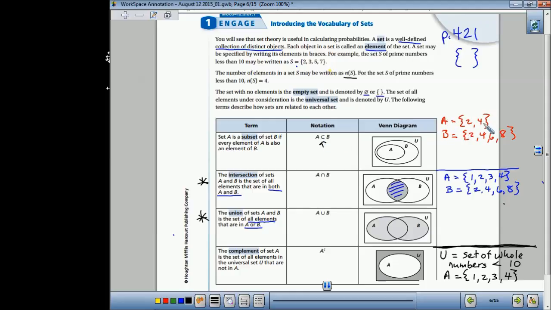Here's my set A, 2 and 4, and my set B, 2, 4, 6, and 8. Do you see that every element of set A is contained within set B? Therefore, A is a subset of B. Does that make sense? When we see it visually in a Venn diagram, if we have one set that's a subset of another, it's contained completely within that oval. So all of A is contained within B.